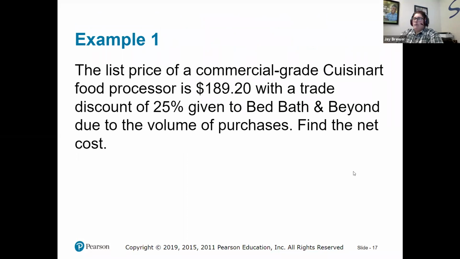All right, example 1. The list price of a commercial grade Cuisinart food processor is $189.20, with a trade discount of 25% given to Bed Bath & Beyond due to the volume of the purchase. Find the net cost. So what do you guys think we have to do?